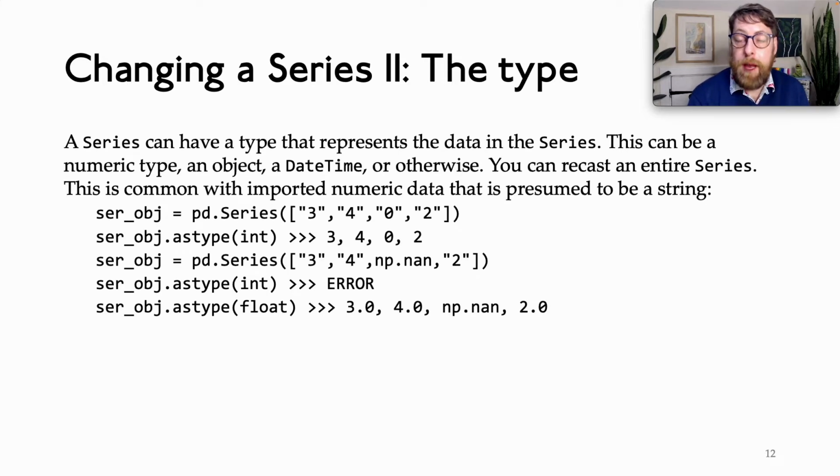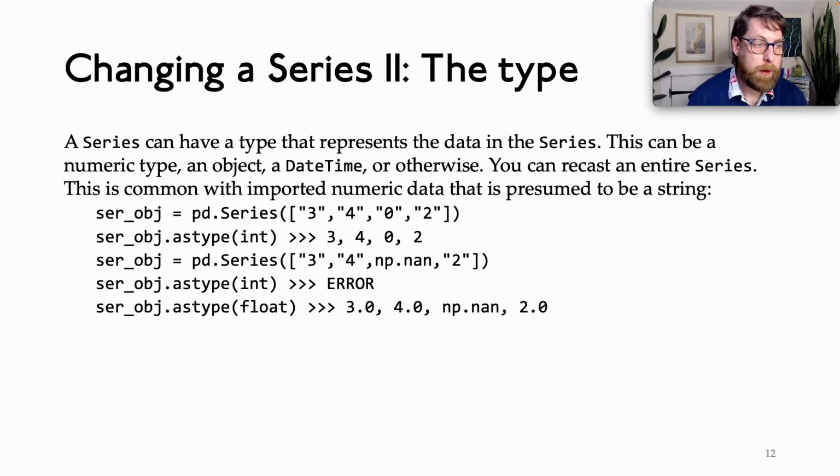So we might want to change the type of a series. A series might come in as some strings, and we might want them to be numbers. That's a classic matter, but we might also want it to be a datetime or some other type. In this case, I've put some numbers in here, but I've encased them in quotes, so they would be interpreted as strings in Python. Now, if I use the astype method right here and say astype int, it's going to convert them all into integers, and it will do that because it can.